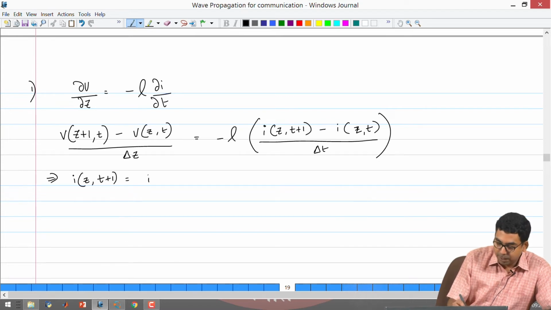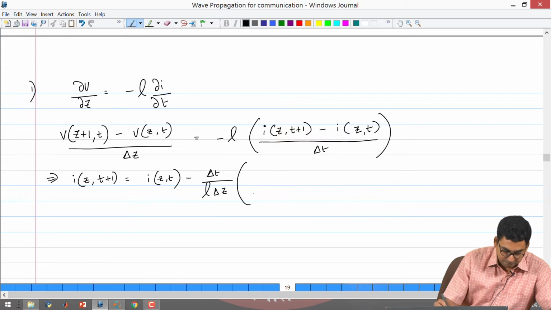is equal to I of z comma t minus delta t by L delta z, v of z plus 1 comma t.